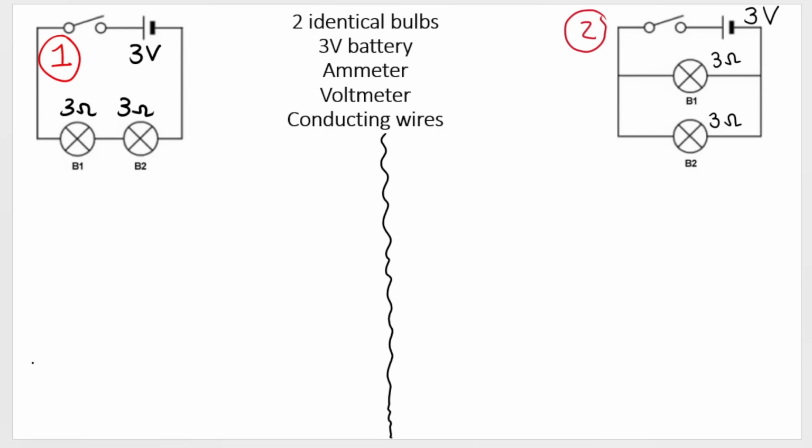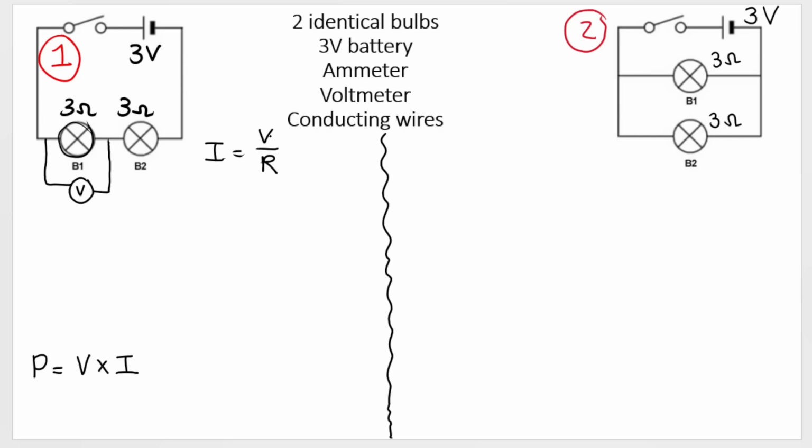Remember, to work out power, I'm going to use V times I. So the voltage across this bulb, multiplied by the current that goes through that bulb. Now, how are we going to do that? To get the current, remember, current is equal to voltage divided by resistance.